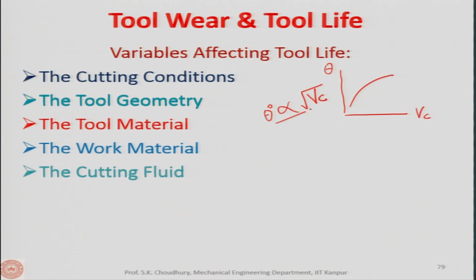So, this is the relationship, that the temperature varies with the square root of cutting velocity, and this says that at higher cutting speed, the temperature will rise, all right. To take out most of the heat, of course, the heat is taken out by the chip also, okay. Most of the heat is taken out by the chip.